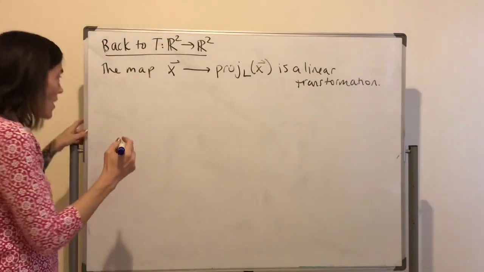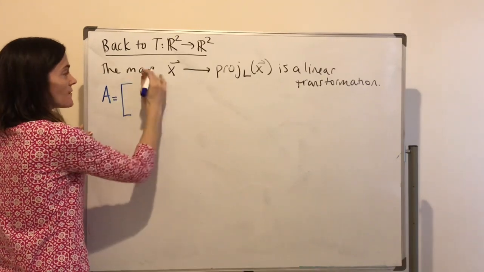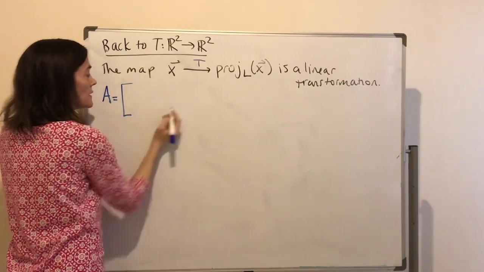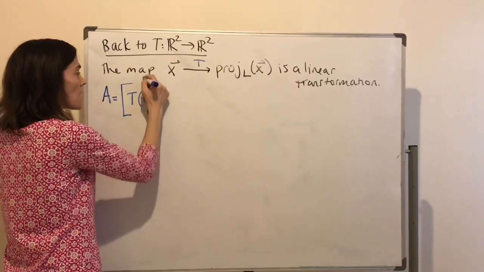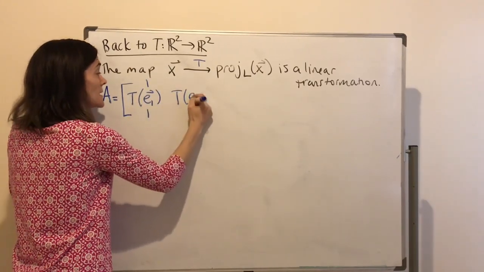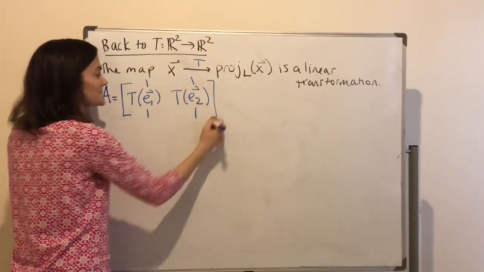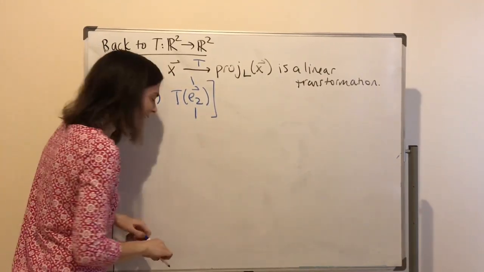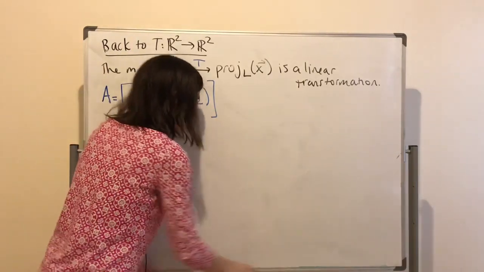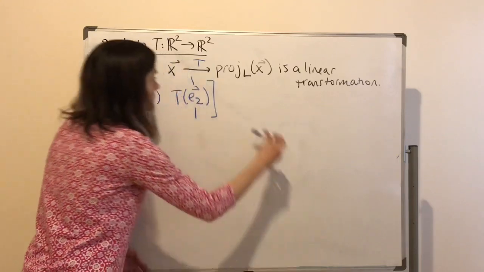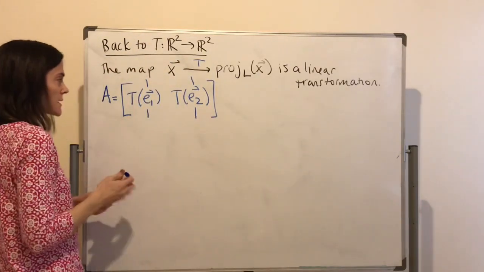Well, if I call this T, the matrix will have T of E1 in the first column, and T of E2 in the second column. This was last time. So all we need to do is apply projection to E1, projection to E2, then we have the matrix.